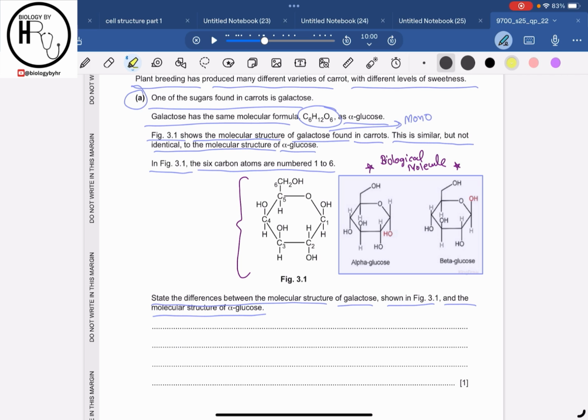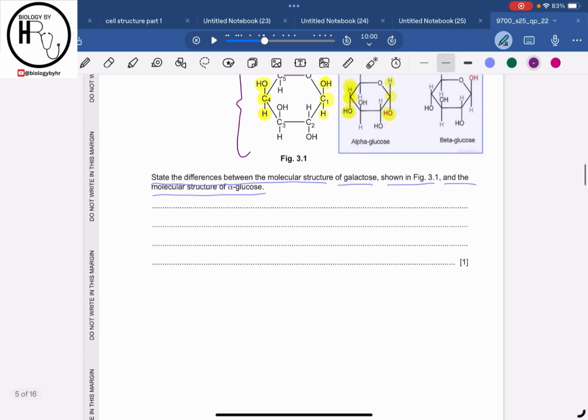So if you see over here, at the position of C1, the hydrogen and the hydroxyl group are basically the other way around. In it, the hydroxyl group is up the chain, and over here the hydroxyl group is below the chain. And in C4 also, you can see that the hydroxyl group and the hydrogen group are the other way around. Over here the hydroxyl group is up and H is below, and over here the hydrogen group is up and the hydroxyl group is below.